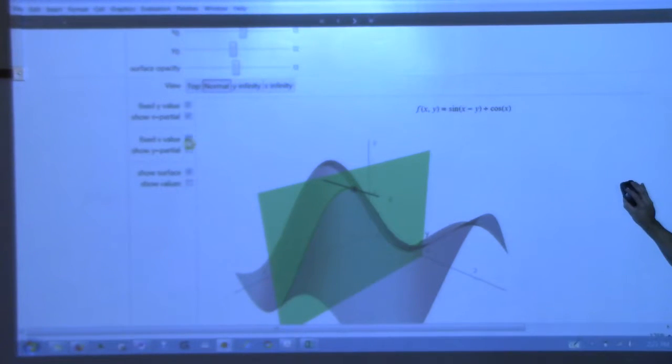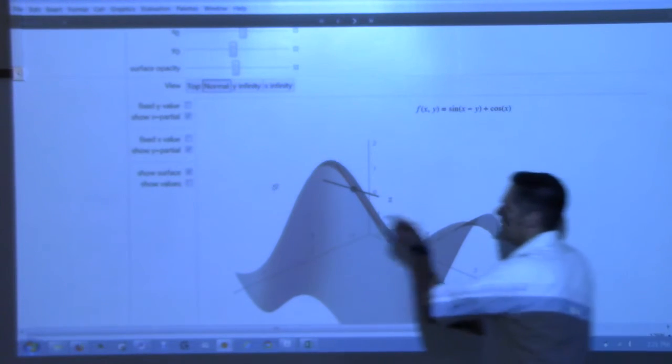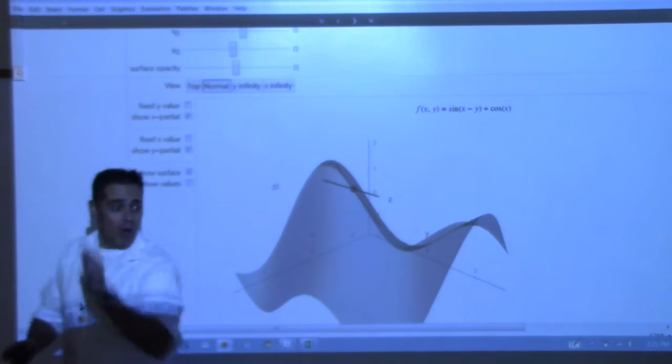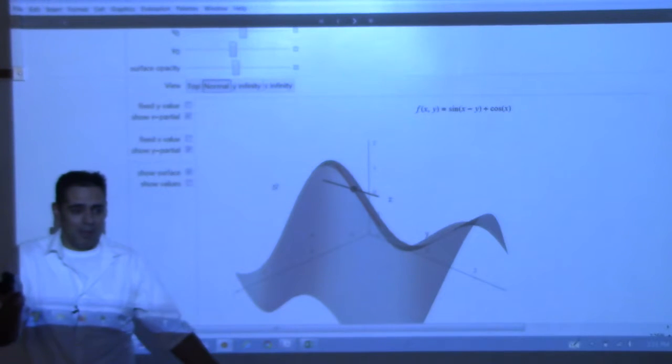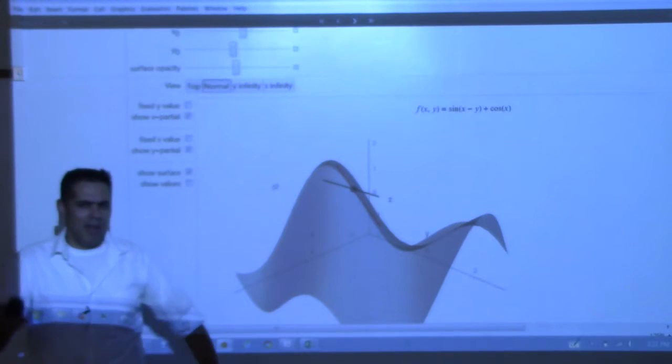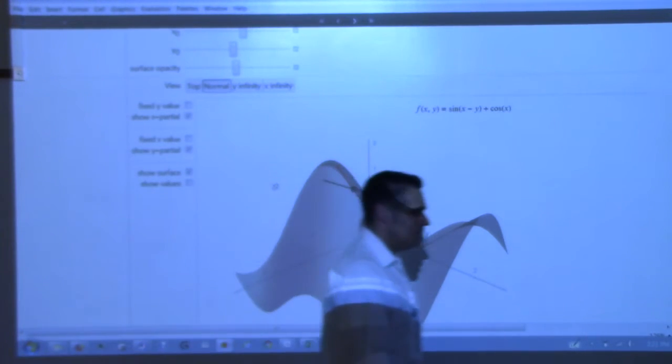Oh, wow, check this out. What if I slice it this way and I show that derivative in the other direction too? And let's take all those planes out of there because they're confusing. Then that would be a derivative in this direction along with the derivative in this direction at the same time, right? And what if I somehow combine those two?